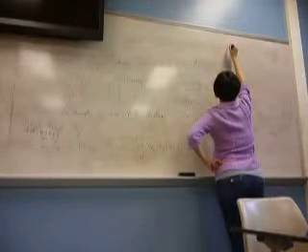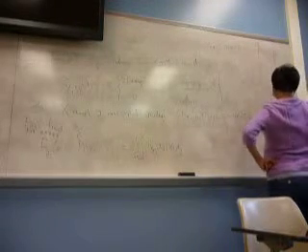Case 2: z is between 1 and 2. What does this look like? This is z is 1. When z is greater than 1, this is your line y equals negative x plus z.